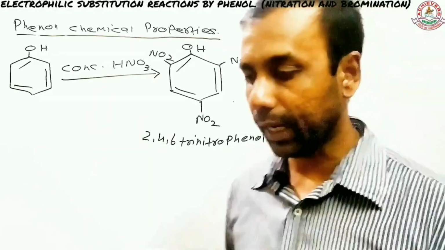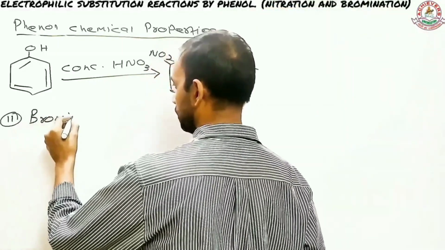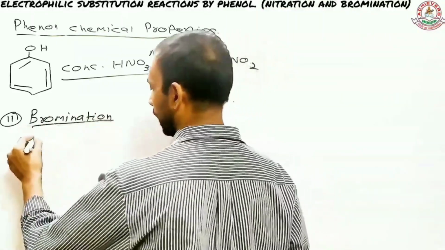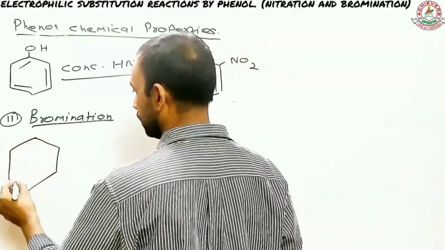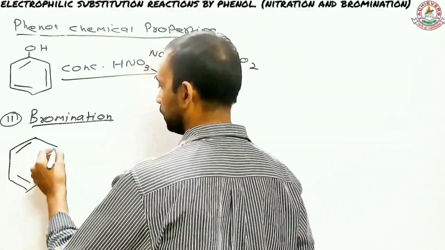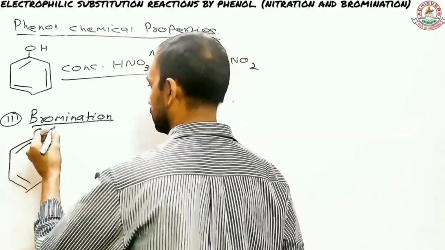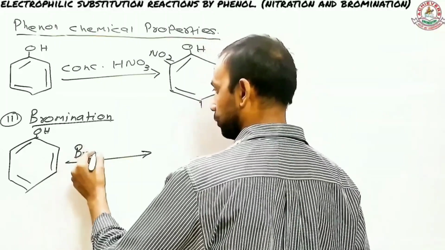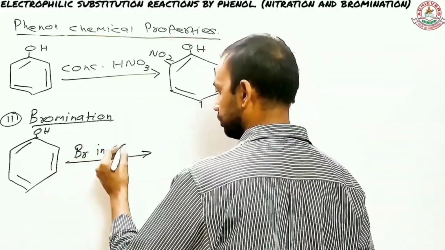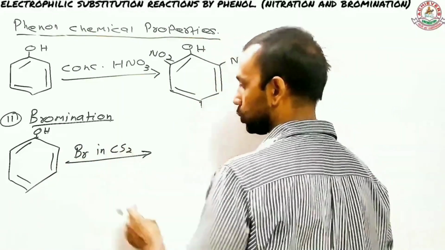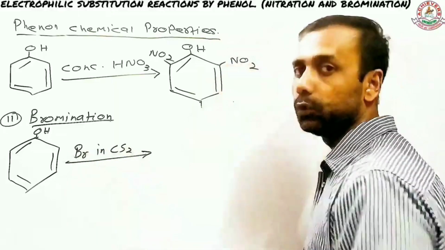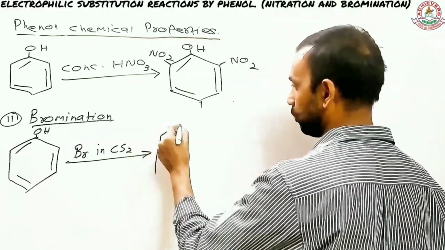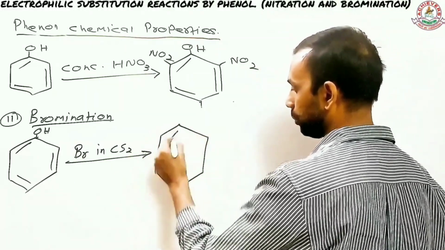Okay, what next do we have? Bromination. So in the bromination, what happened? A phenol molecule reacts with bromine, but the bromine is dissolved in carbon disulfide, CS2. That means the bromine is diluted. So you get two products again, one on the ortho position and the other on the para position.